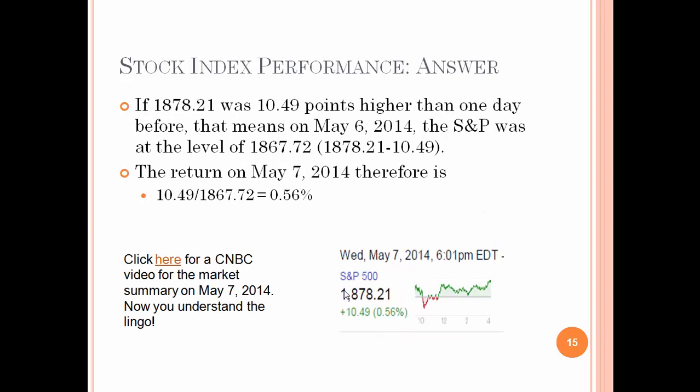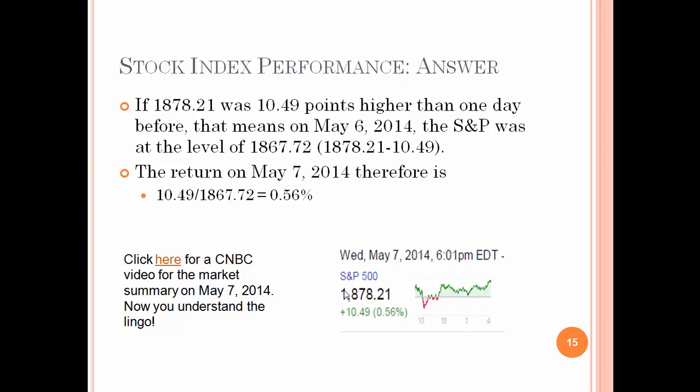The answer: if 1878.21 was 10.49 points higher than one day before, that means one day before the S&P was at the level of 1867.72, which is 1878.21 minus 10.49.